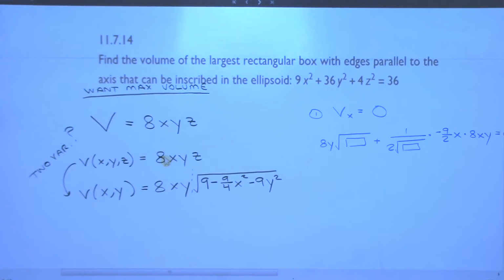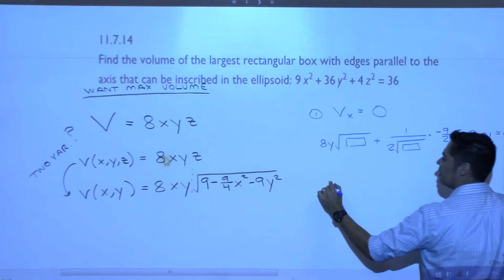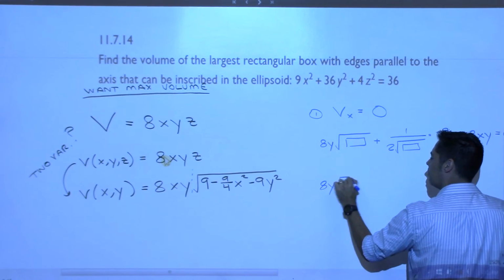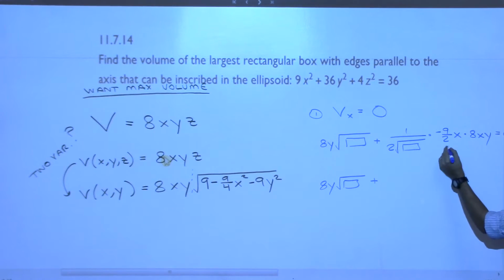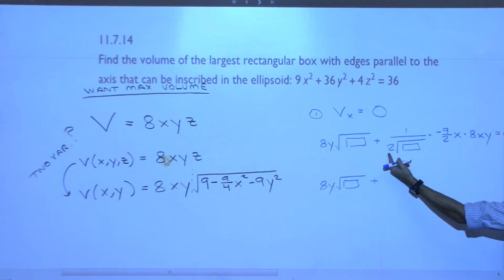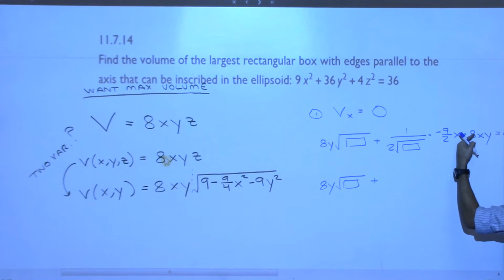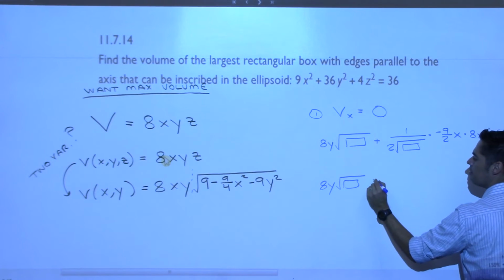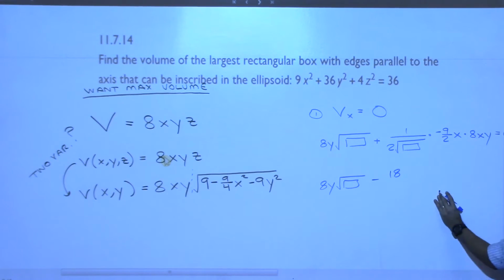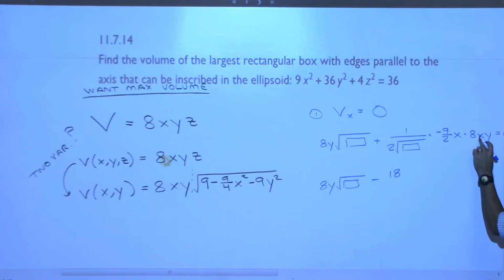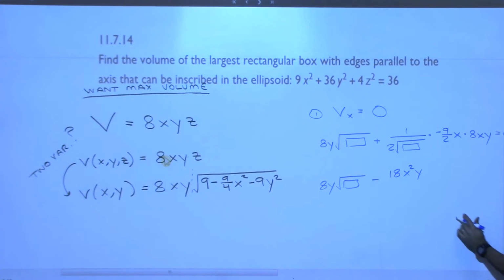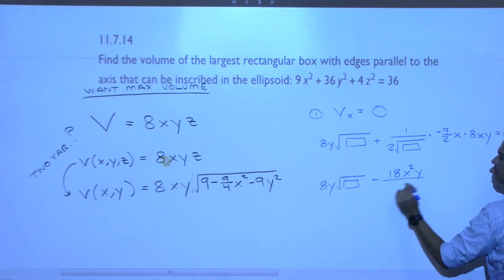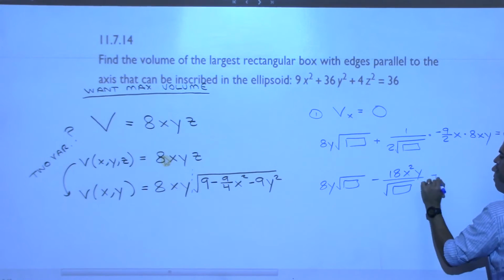All right, so let me clean it up. 8y root junk plus, let's see, this is a 2 down here and a 2 down here, which is a 4. This 4 goes into 8 twice. So I get negative 18, so minus 18x squared y over root junk equals 0.